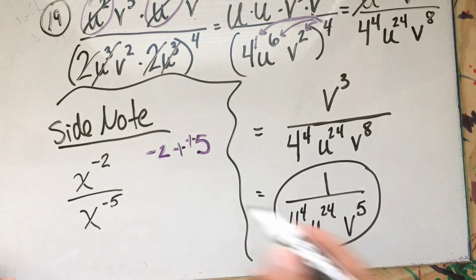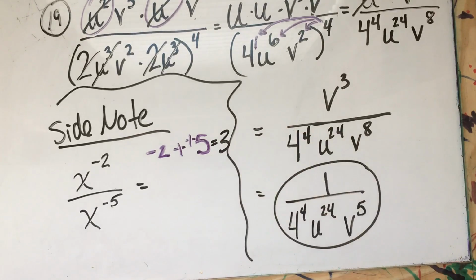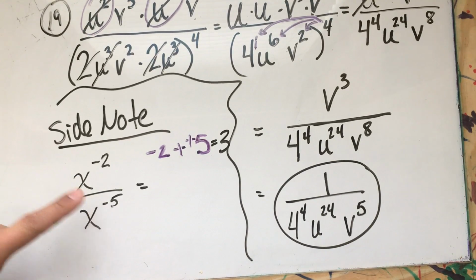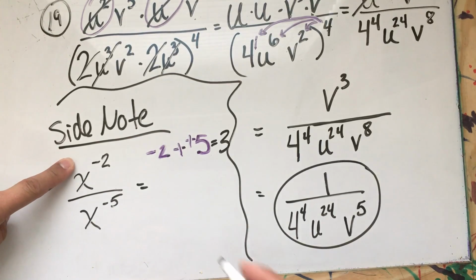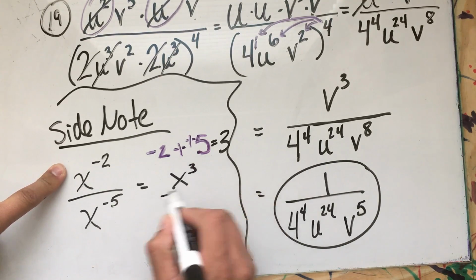3. Right? So I'm going to end up with 3 as a power, but I don't know where it goes. Now remember, I did ask myself, where do I have more? Right? What's bigger, a negative 2 or a negative 5? Well, a negative 2 is bigger. So because the negative 2 is bigger, the answer will go on top. So that's going to become x to the 3rd.